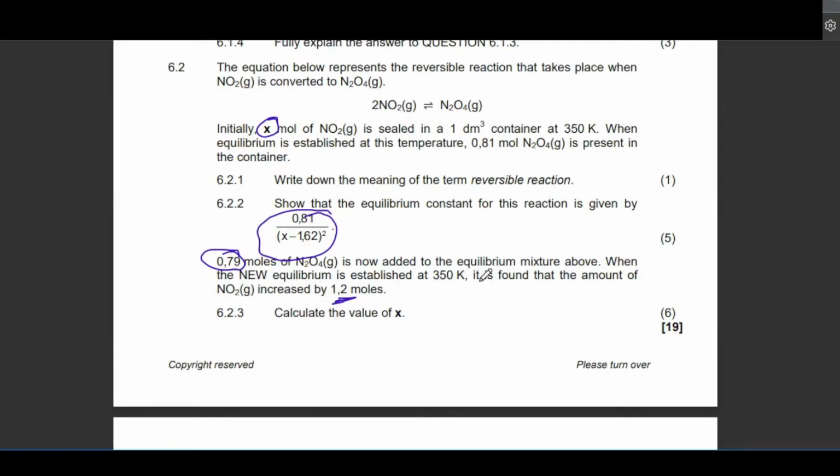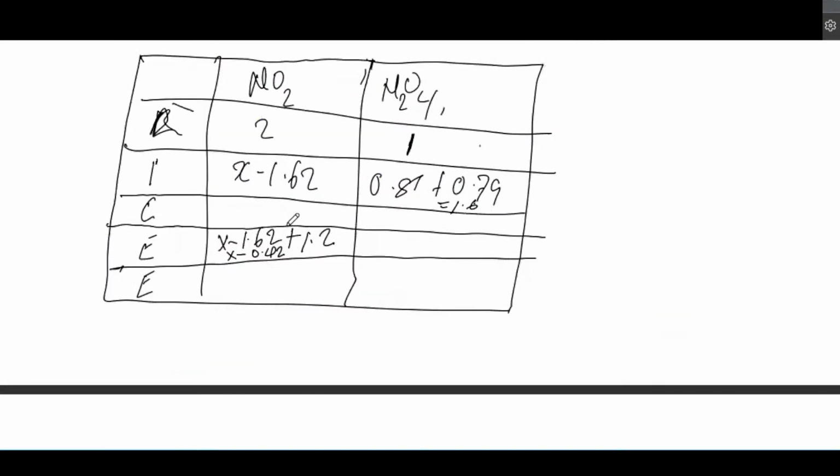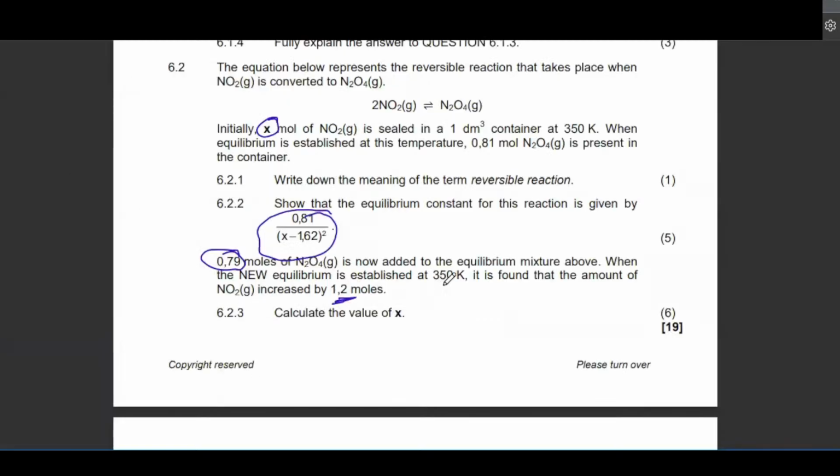So if they're saying that it increased by this, it means that is what changed. It increased by this at equilibrium. So if it increased by 1.2, let me check, it increased by 1.2. Yes.